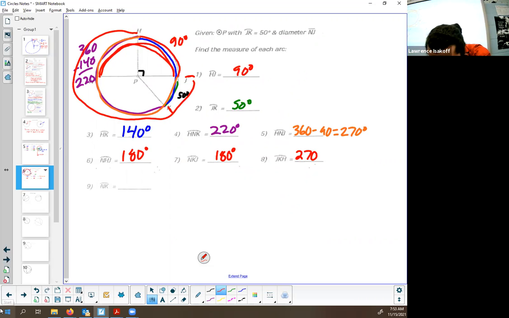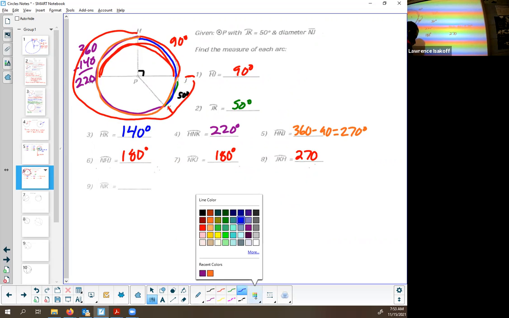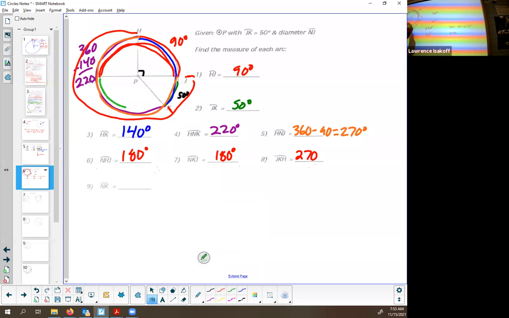And then finally, the very last one it's asking for is N to K. N to K is one we have not calculated anything with yet. So let me get that in a very new color that should be fairly readable, like this light green. N to K is right here.